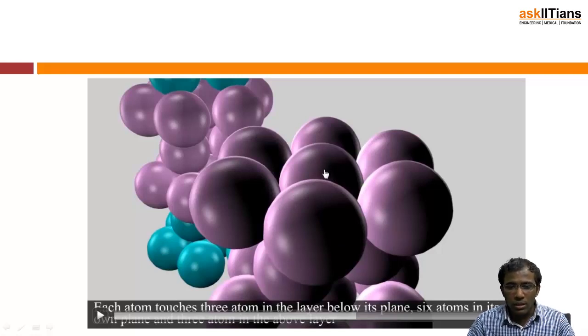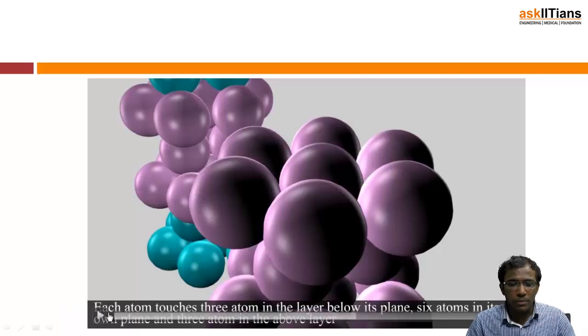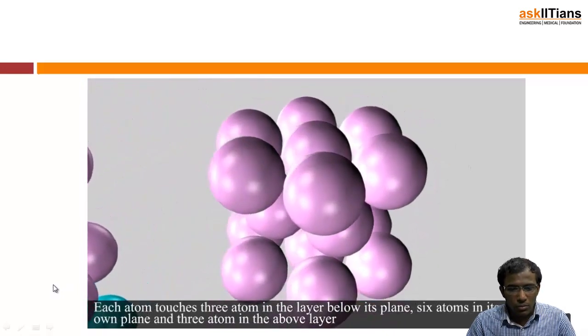So in total this particle is in contact with 12 particles, so its coordination number is 12, right? Out of 12 particles, 6 are in its own plane, 3 above and 3 below. So the coordination number of HCP is 12.